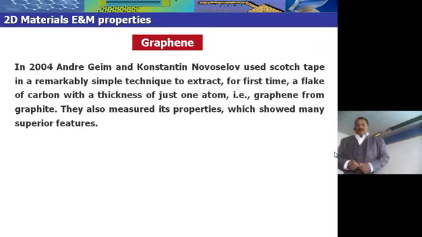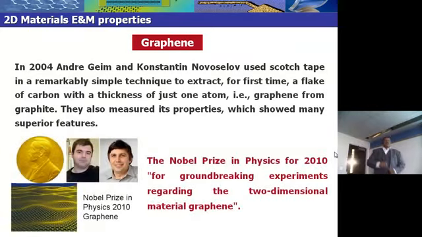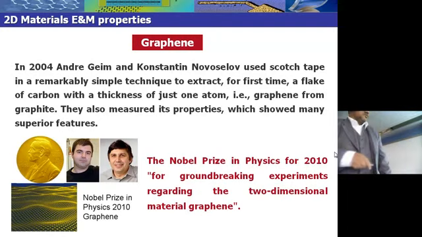It began what we now call the gold rush for graphene applications. They tried to make a lot of applications using graphene, and they expected that graphene would replace silicon within at least the next 15 years. In 2010, they received the Nobel Prize for this groundbreaking experiment regarding the two-dimensional material graphene.